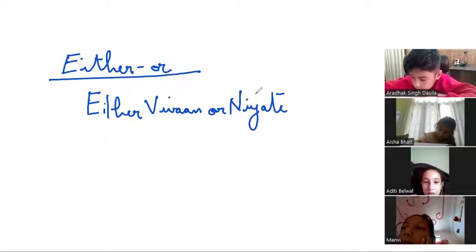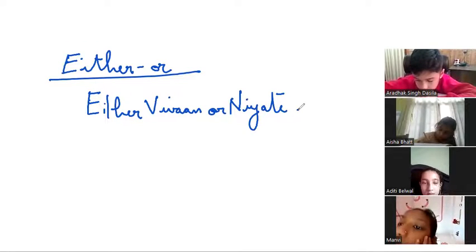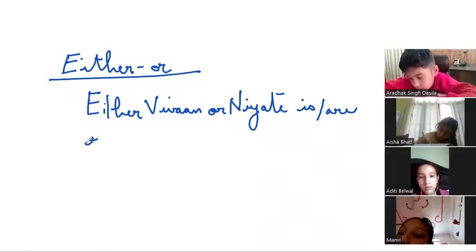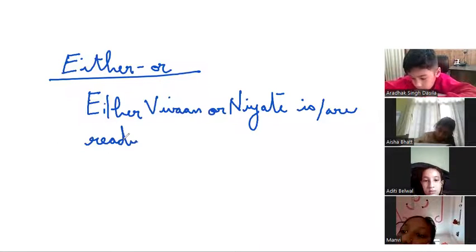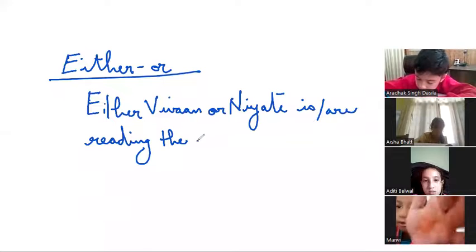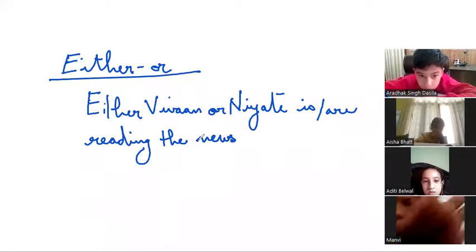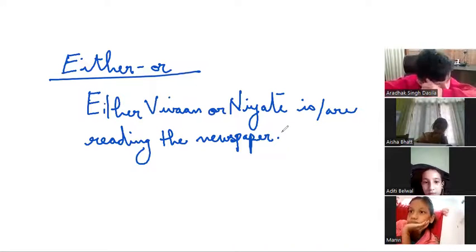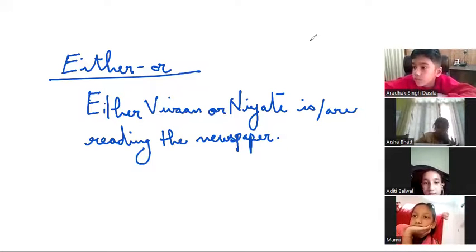either Vivan or Niyati is or are reading the newspaper. What should it be? Is or are?